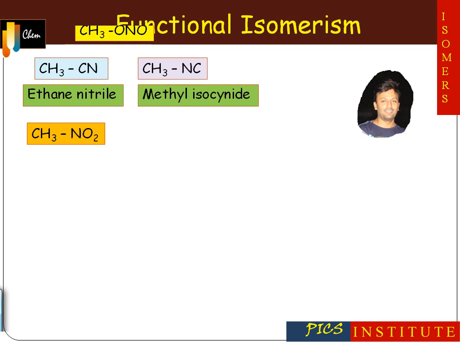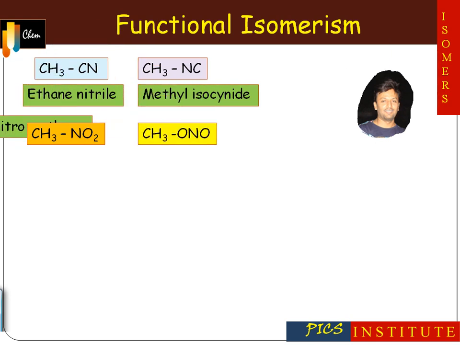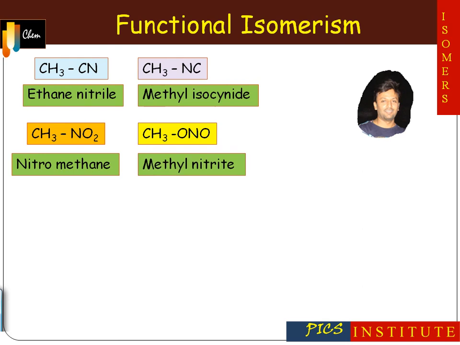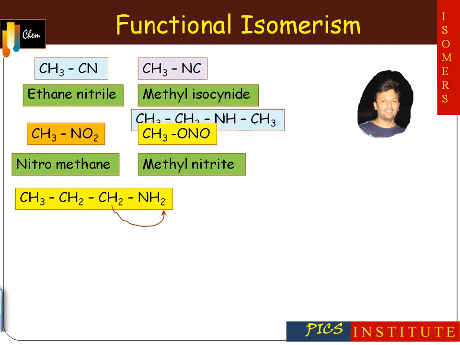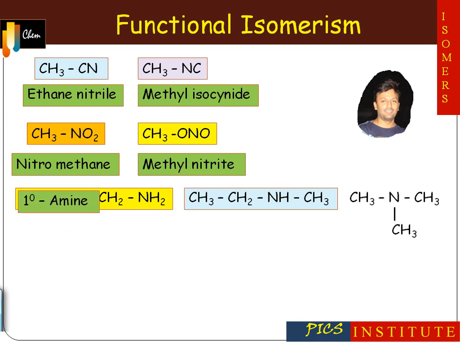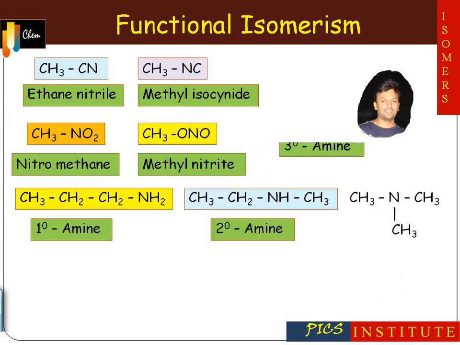For nitroalkane, the functional isomer is alkyl nitrite. For amines, the functional isomers are primary amine, secondary amine, and tertiary amine.